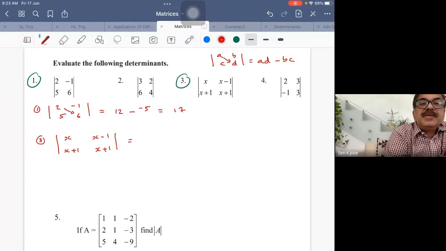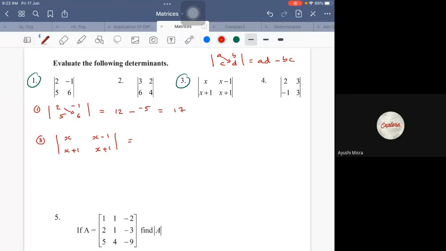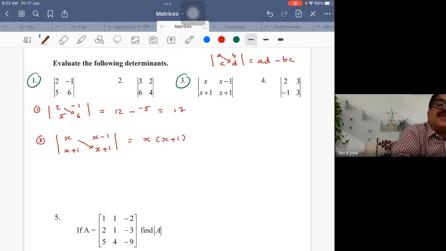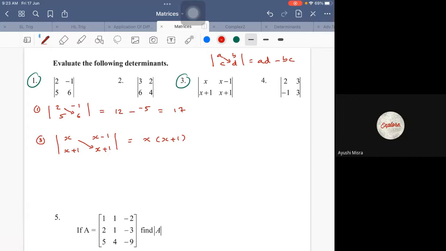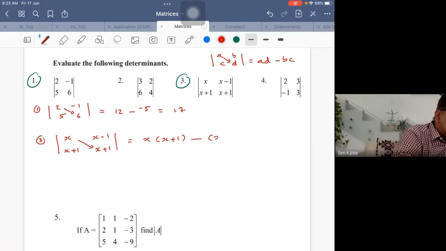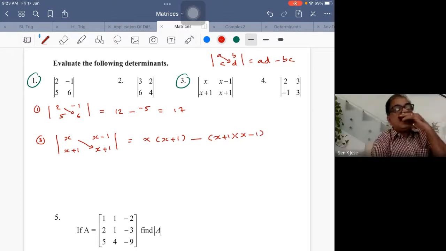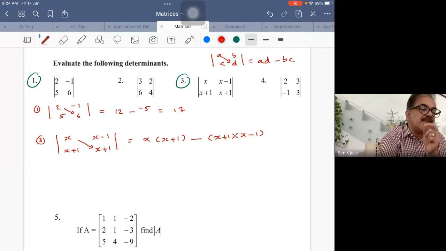So first one will be x into x plus 1, x times x plus 1. And then what sign do I put after the first product? Minus. Minus x plus 1 into x minus 1. Yes, it's AD minus BC. Do AD, the diagonal elements you cross multiply first, subtract the other product.